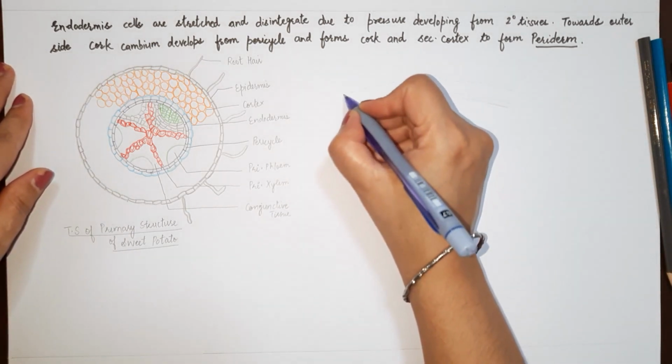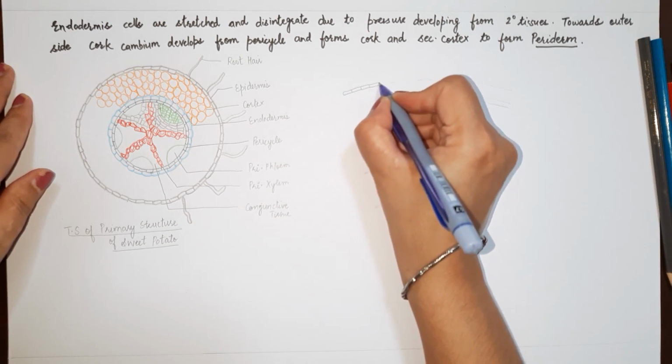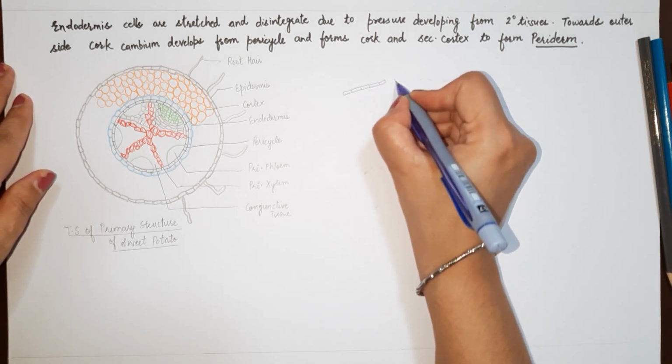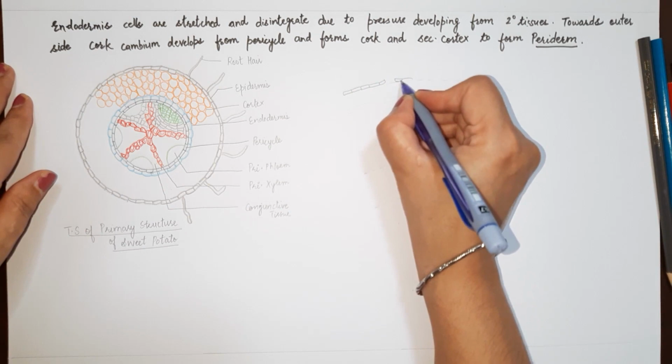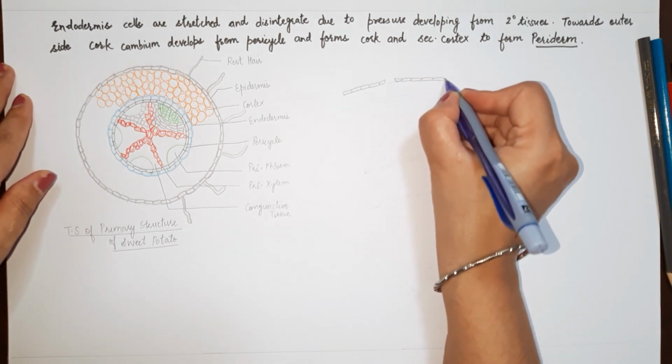So the outermost layer epidermis, which gets ruptured at few places. So you can show some gaps.